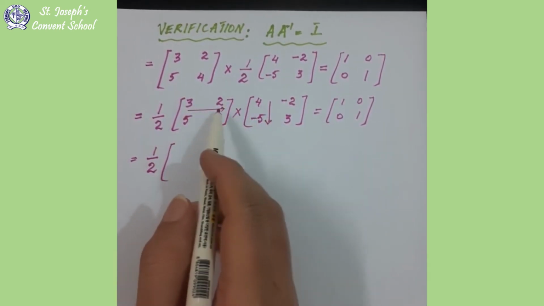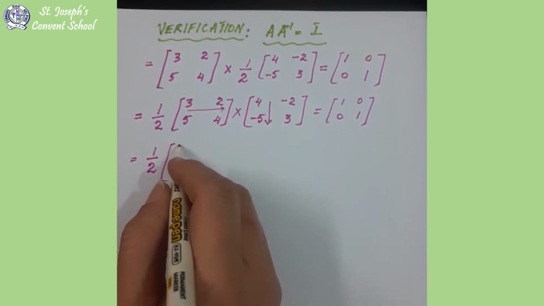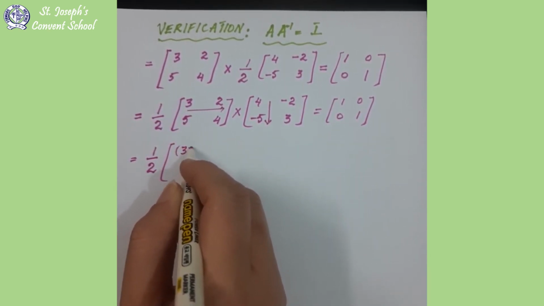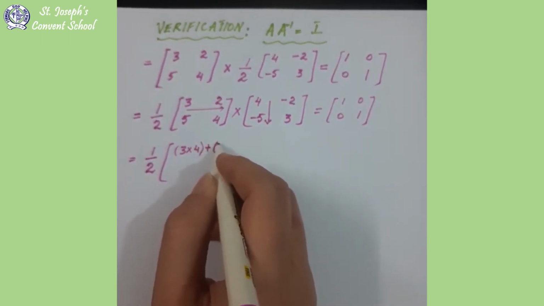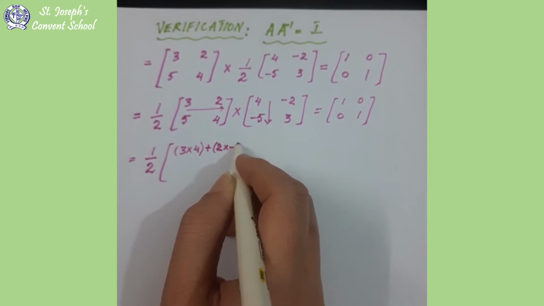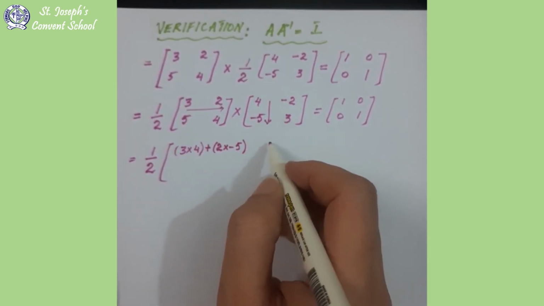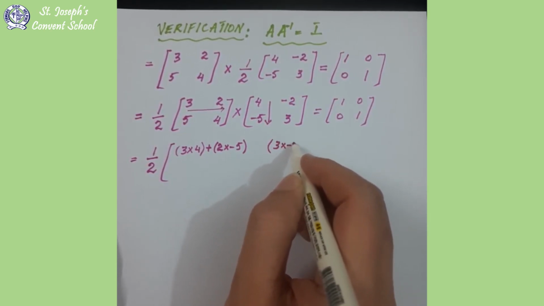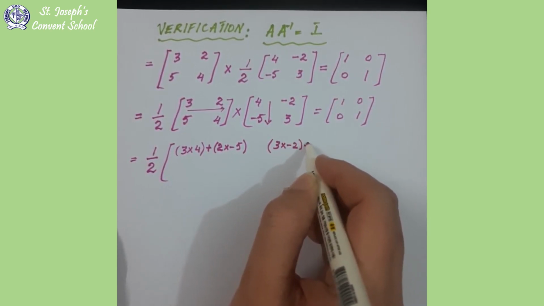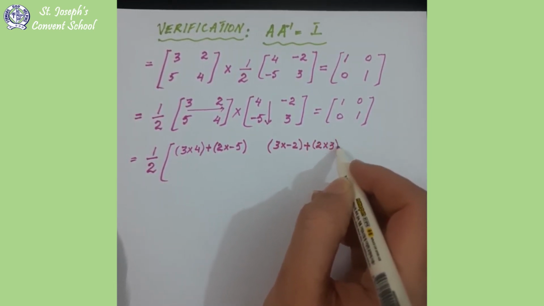First element into first, second into second. 3 into 4, plus sign, second into second, 2 into minus 5. Same row with second column: first element into first, 3 into minus 2, then plus sign, second element into second element.